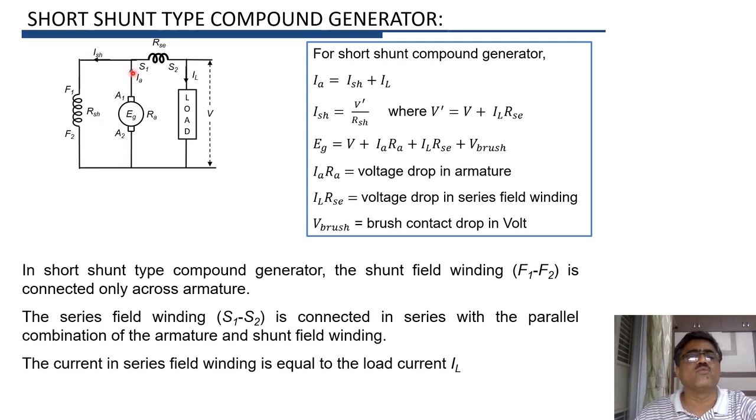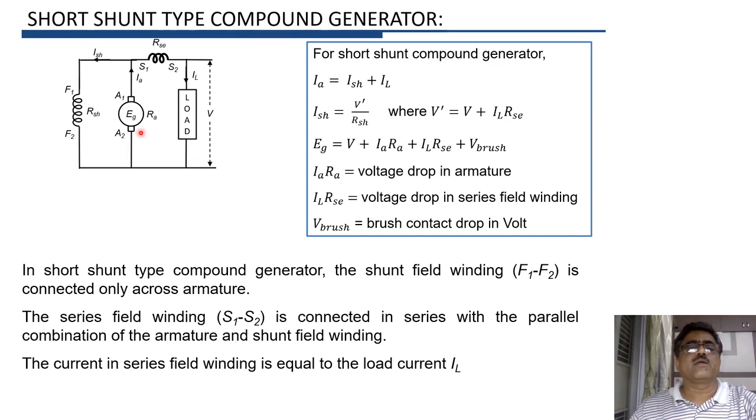Now let this voltage be V dash. Now here V dash is V plus voltage drop in series field winding, and therefore V dash is equal to V plus IL into RSE. So next expression is ISH is equal to V dash upon RSH, where V dash is equal to V plus IL into RSE.